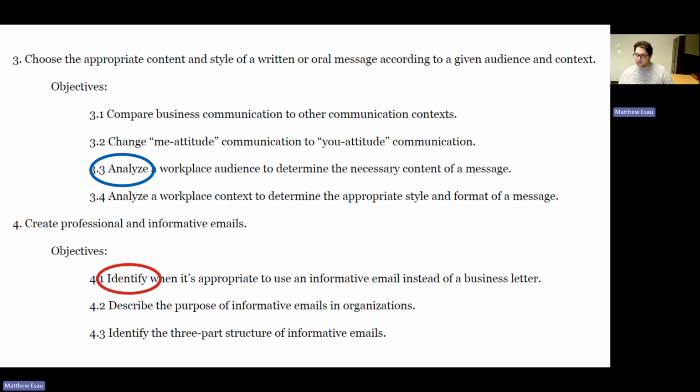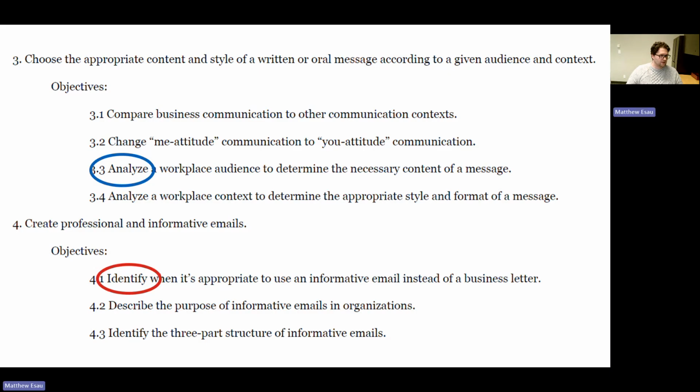Whereas in 3.3, we're looking at analyzing a workplace audience to determine the necessary content of a message. In that case, I would want to know how to do that more effectively rather than just identify when it's appropriate to do that.